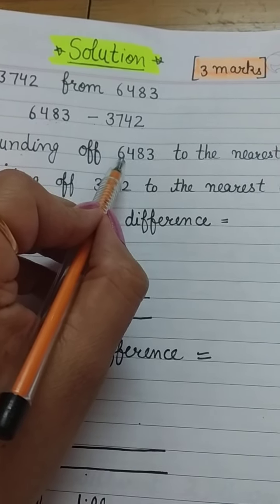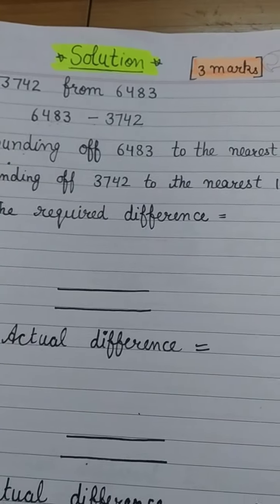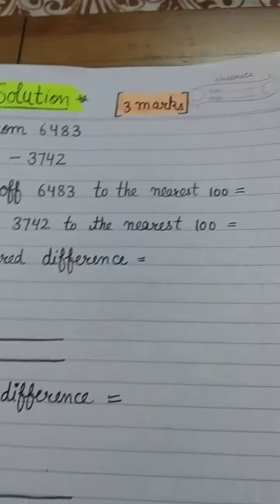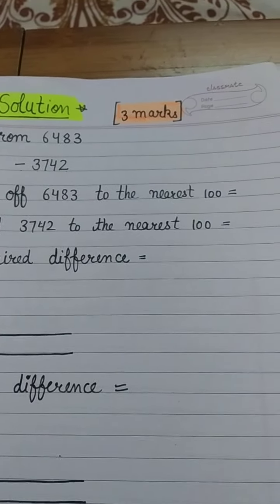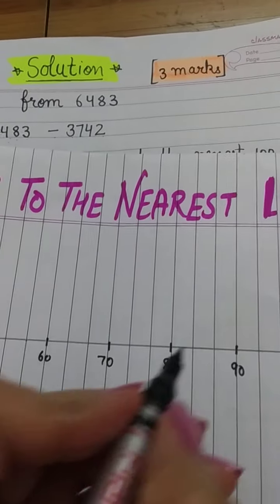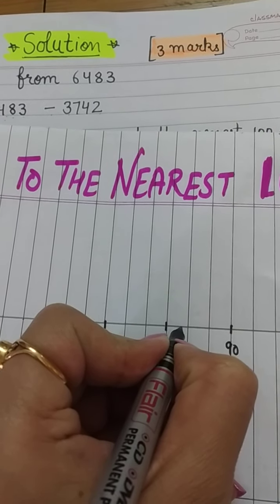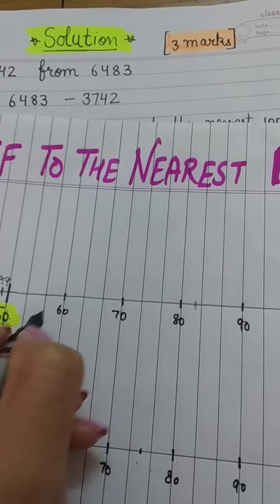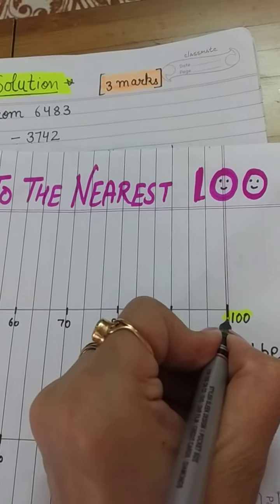Now we will round off both the numbers one by one as we have done on the number line. Rounding off 6483 to the nearest 100. 83 will come here, right? So it will go to the upper 100.